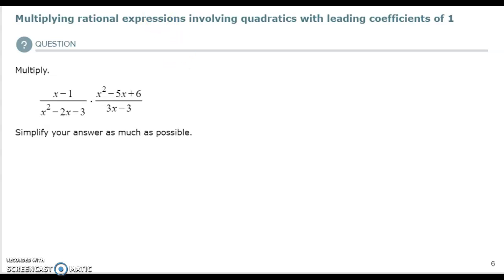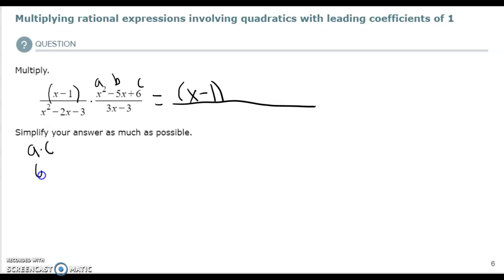If we look at this, I'm going to treat everything as a factor. Can I factor x plus 1 anymore? I cannot, or x minus 1. So that is what it is. This is 3 terms, so this is A, B, C. I'm going to do my ACB tree. A times C is 6, adding to my B of -5.